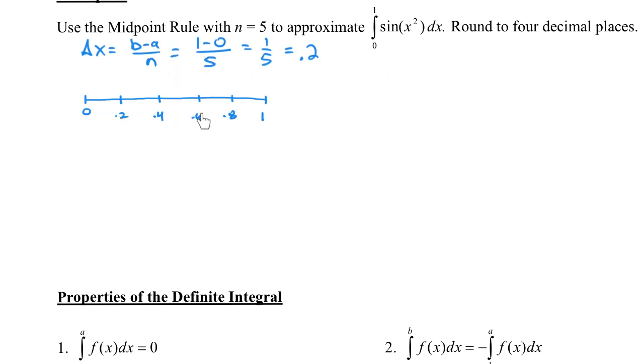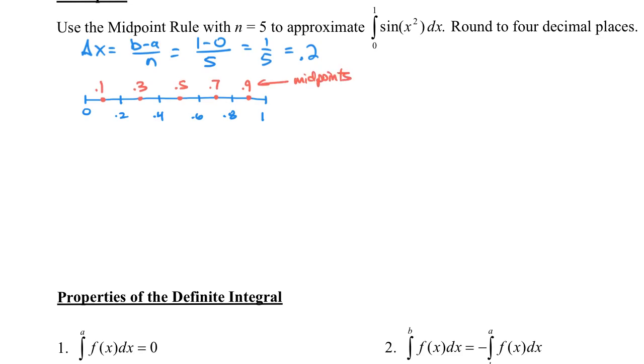So here are our intervals. We need to find the midpoints, which is kind of easy to do here. The midpoints are going to be 0.1, 0.3, 0.5, 0.7, 0.9, right? These are all the midpoints, which we need because we are using the midpoint rule.